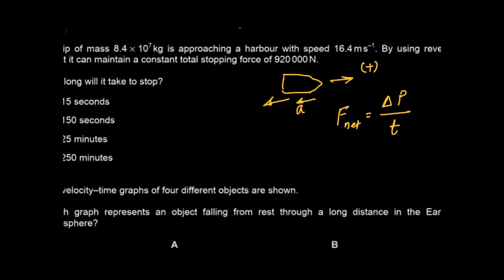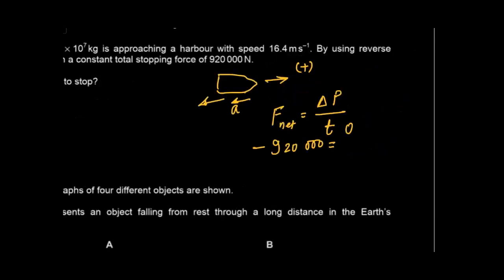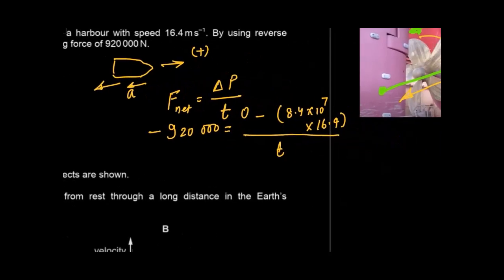If this is the positive direction, the force is in the negative direction, so we can write minus net force, which is 920,000, equal to final momentum, which is 0 because the velocity is 0 at the end, minus initial momentum. Initial momentum is mass into velocity. So mass is 8.4 into 10 to the power 7 into 16.4, this is the speed in this direction, upon time.